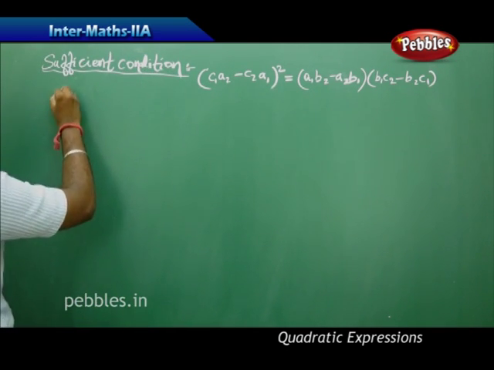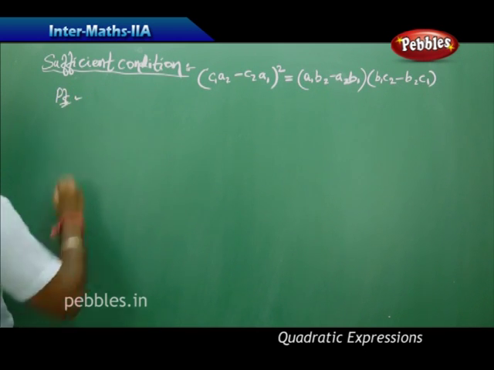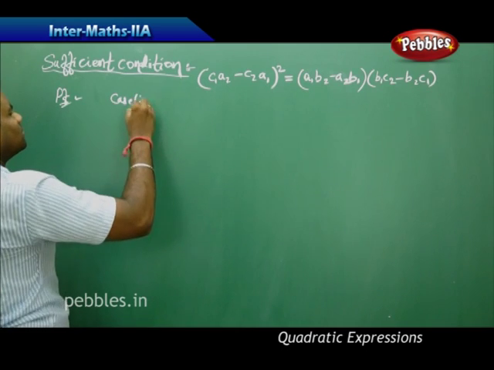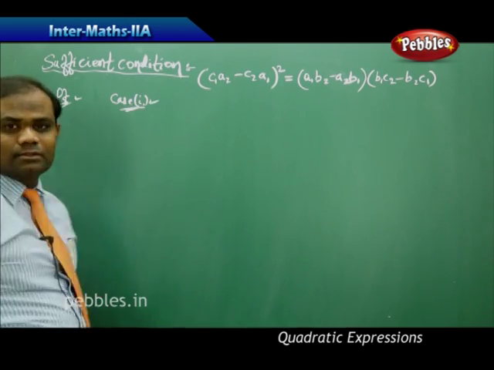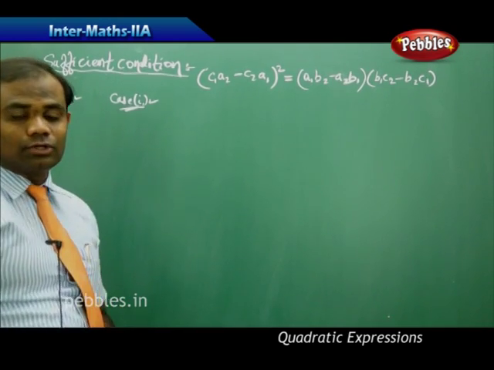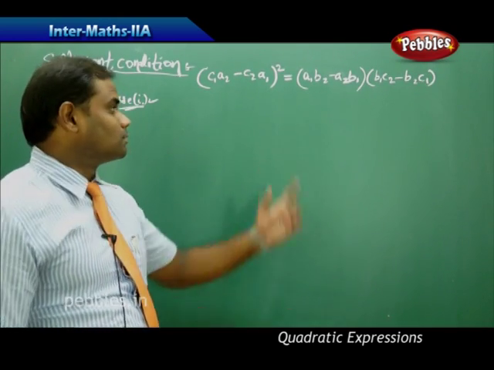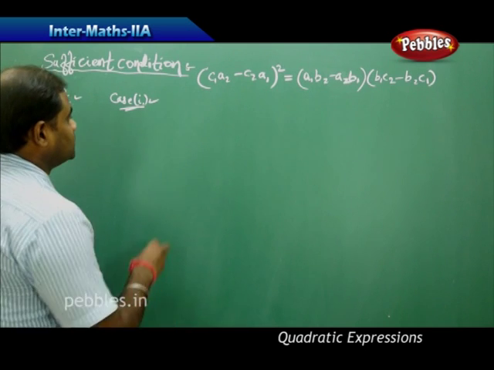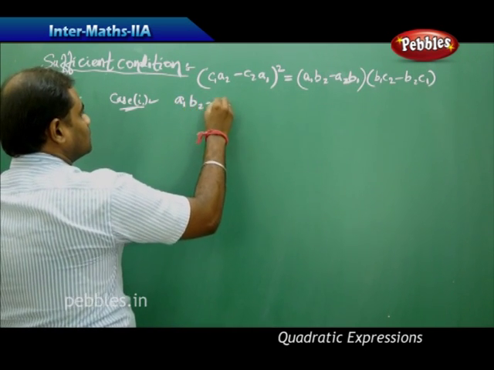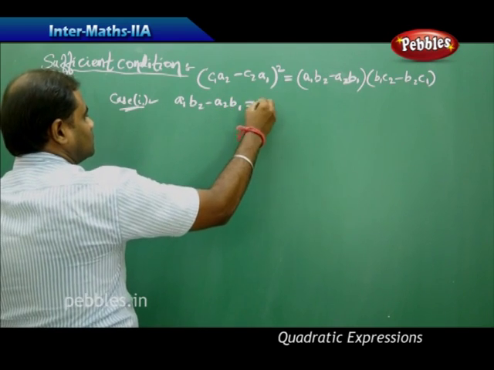So to start with the proof, there are two cases through which I'm going to prove the sufficient condition. In the initial case, I assume that A1B2 minus A2B1 is equal to 0.